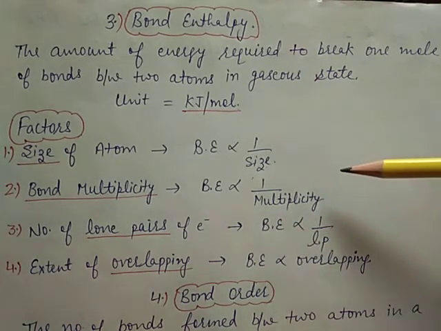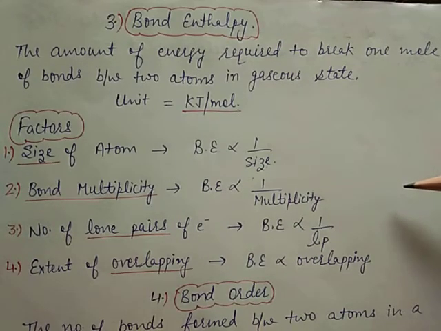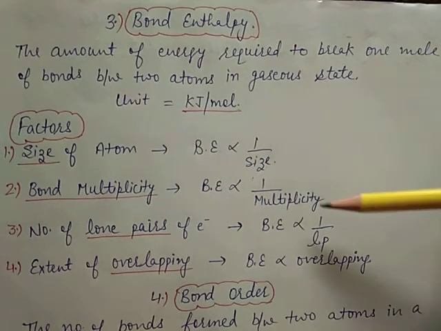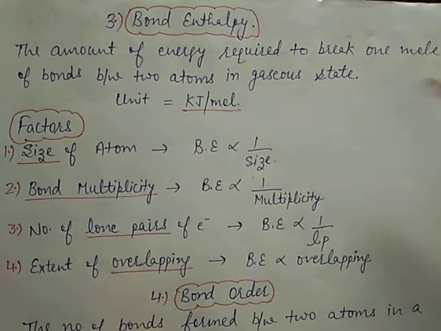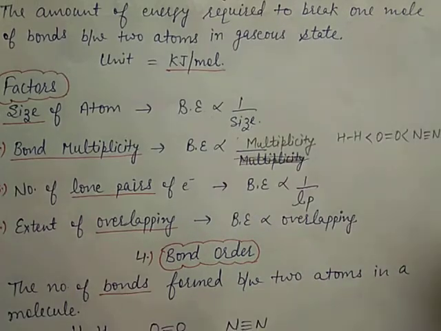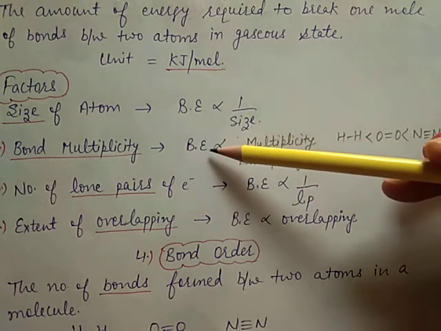Means you take the example of O double bond O, N triple bond N. The bond dissociation energy of N triple bond N is high because multiplicity is high, then bond enthalpy is also high.